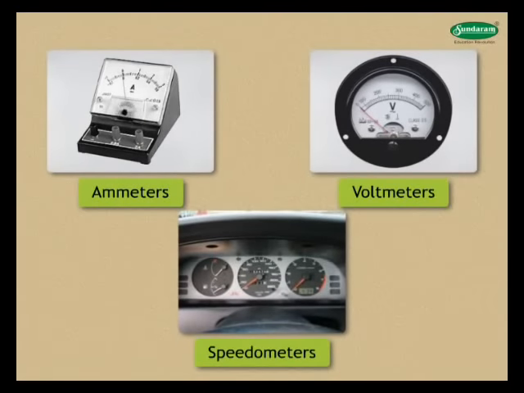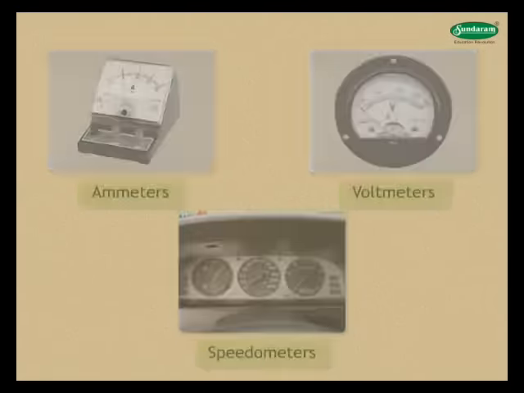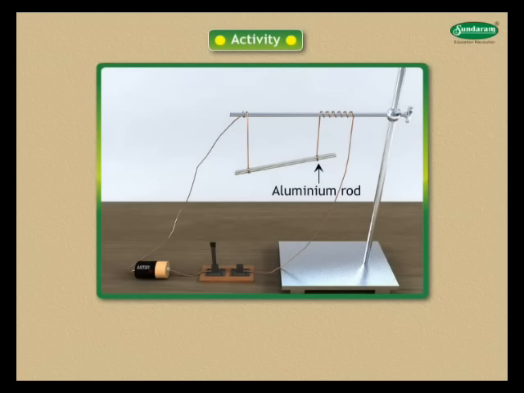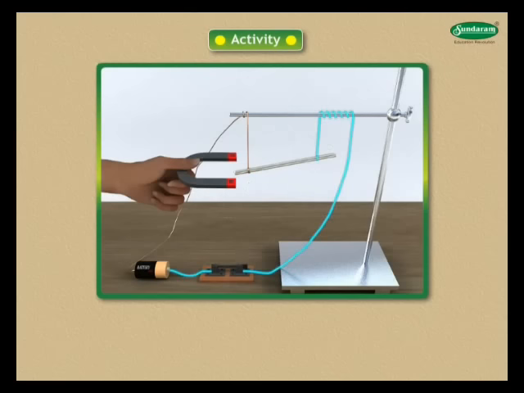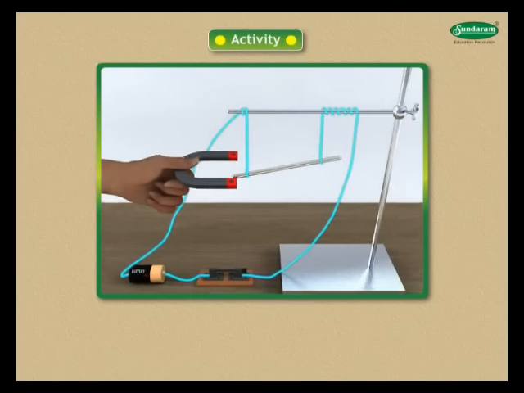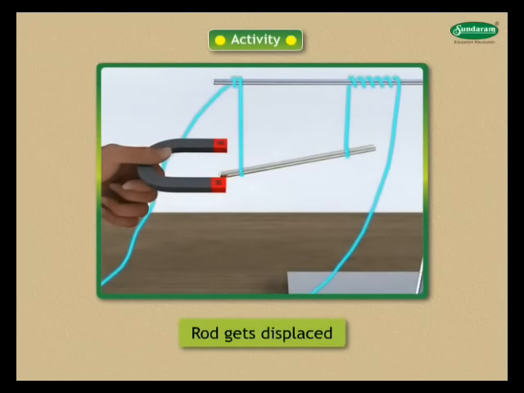speedometers, etc. Activity: take a small aluminium rod AB. Suspend it horizontally by means of two connecting wires from a stand. Now place a strong horseshoe magnet in such a way that the rod is between the two poles with the field directed upwards. If a current is now passed through the rod from B to A, you will observe that the rod gets displaced.